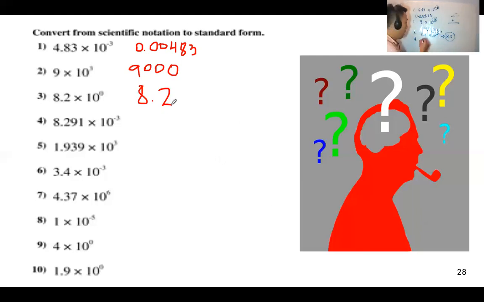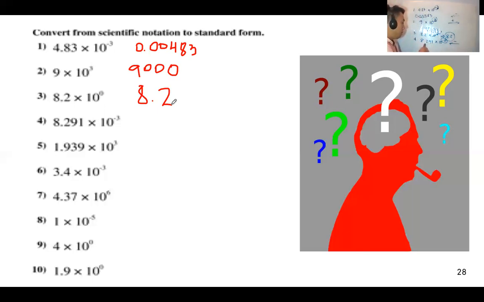Okay, number 4. We have 8.291 multiplied by 10 raised to negative 3. Okay. So negative 3 tayo. Since our exponent is negative, we will move the decimal point to the left side. Left side tayo, that is negative.